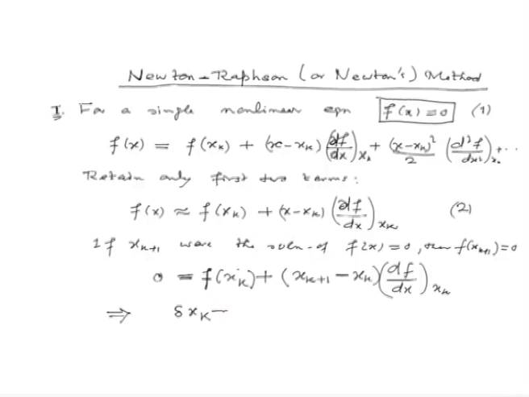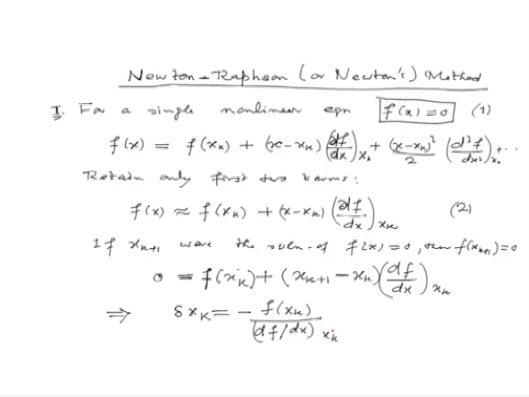So, delta xk is equal to minus f(xk) divided by df by dx at xk.